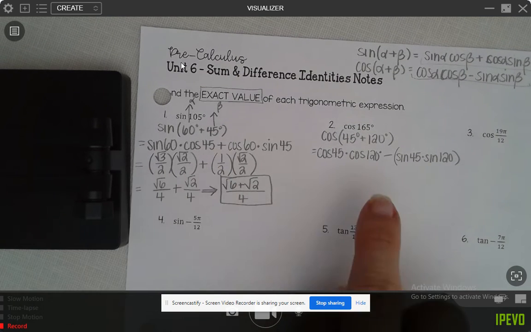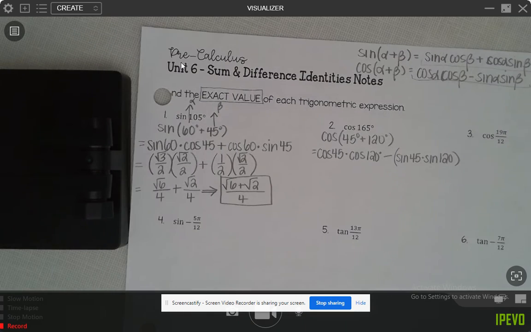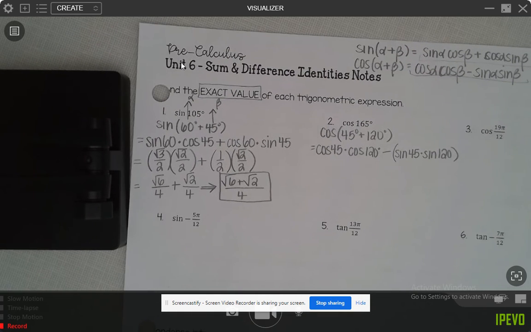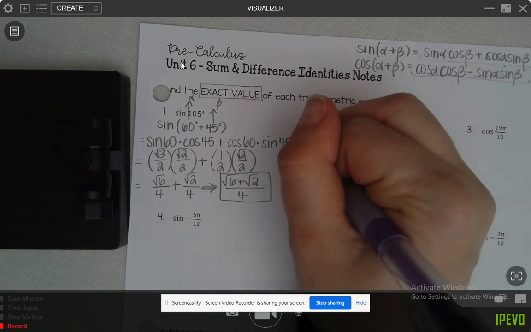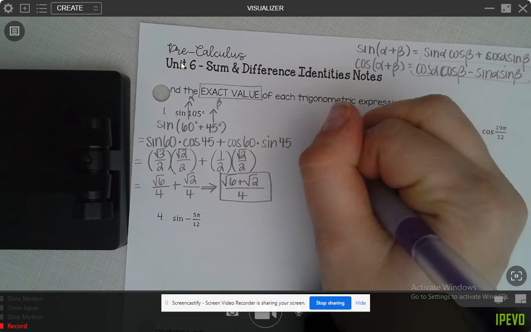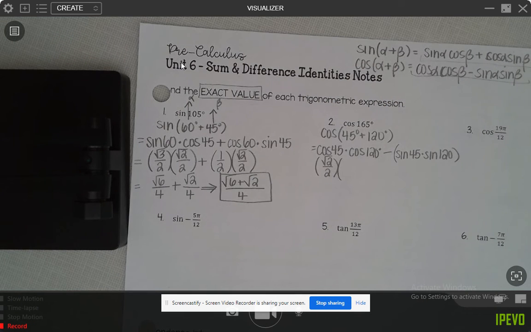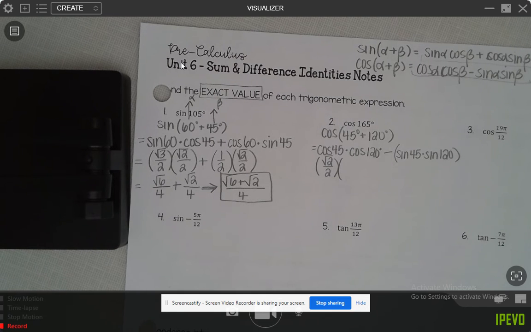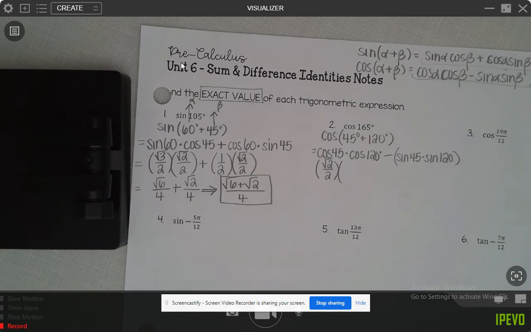What is the cosine of 45 degrees? Radical 2 over 2. Cosine of 120. So we just said 120 is 2 pi over 3, right? Cosine of 2 pi over 3. This is speed quiz, just like we would do it, right? Because I believe I have cosine of 2 pi over 3 on that thing.